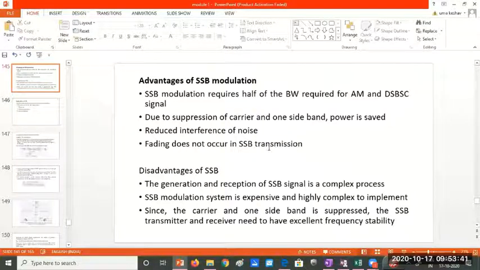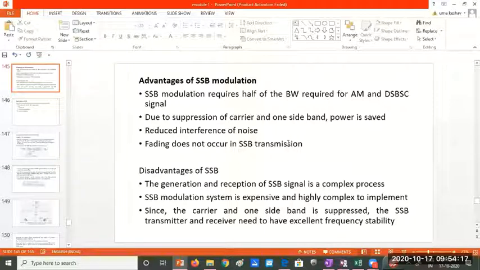That's the best way. But just like how we did in DSB-SC, we can have a reduced carrier, or let's say a reinserted carrier added to the received signal, and we can use an envelope detector also. So the reception of SSB-SC signal is another complicated process where we should use either coherent detection. In coherent detection, getting that coherence, that synchronization between receiver and transmitter is a great headache.